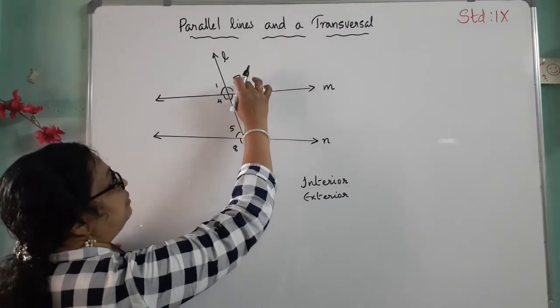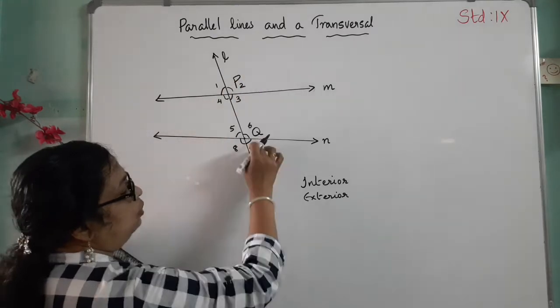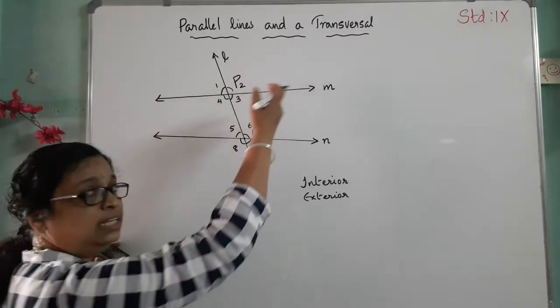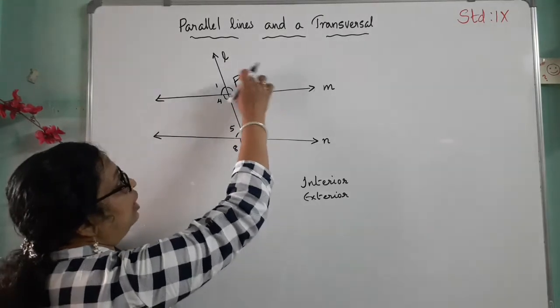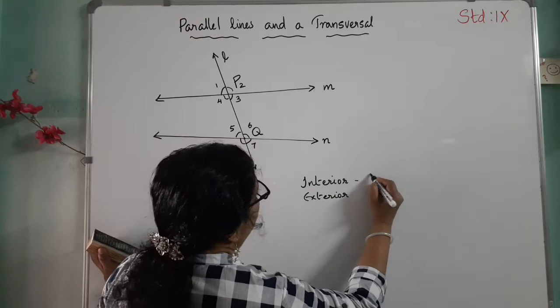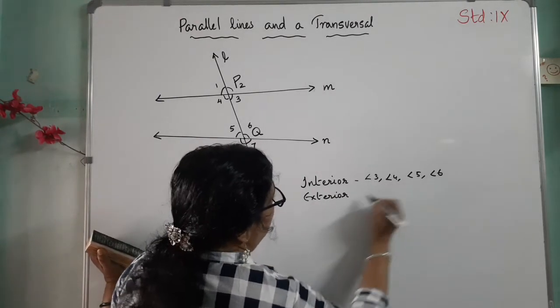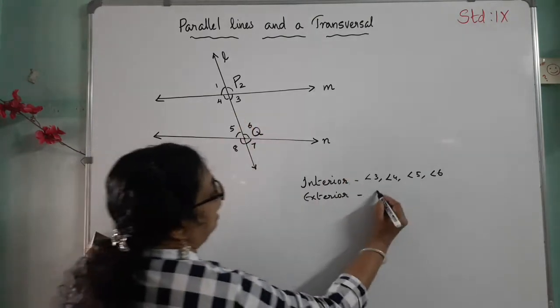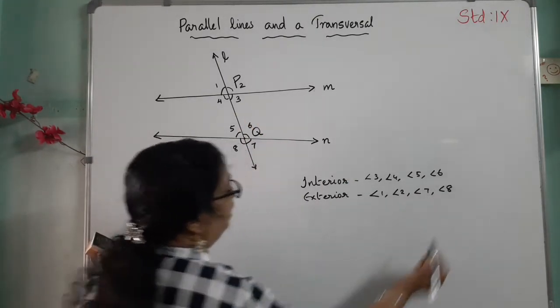That is 1, 2 and 7, 8, which are outside these lines. 3, 4, 5, 6 are inside and 1, 2, 7, 8 are outside. So interior angles are angle 3, angle 4, angle 5, angle 6, and exterior angles are angle 1, angle 2, angle 7, angle 8.